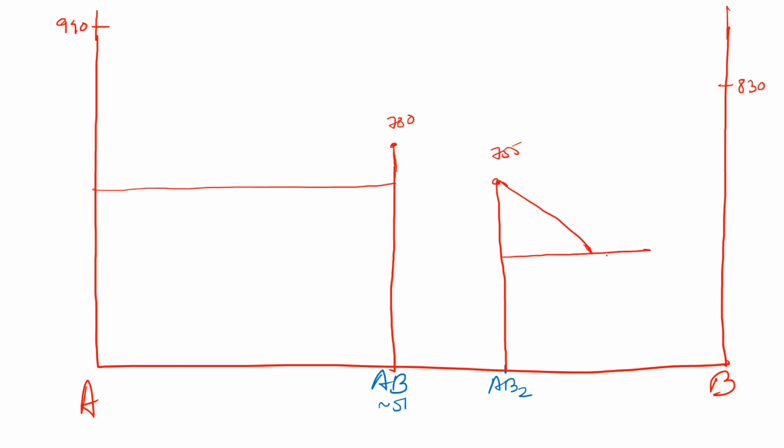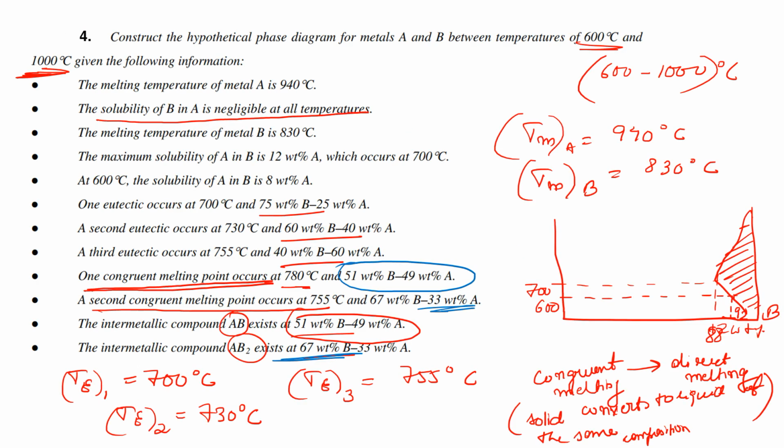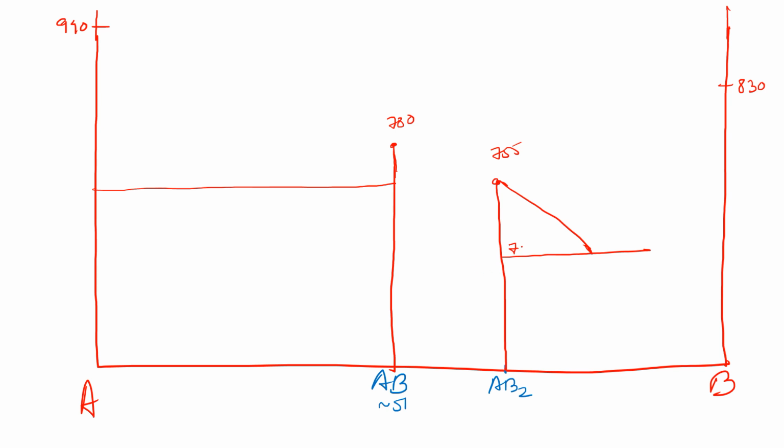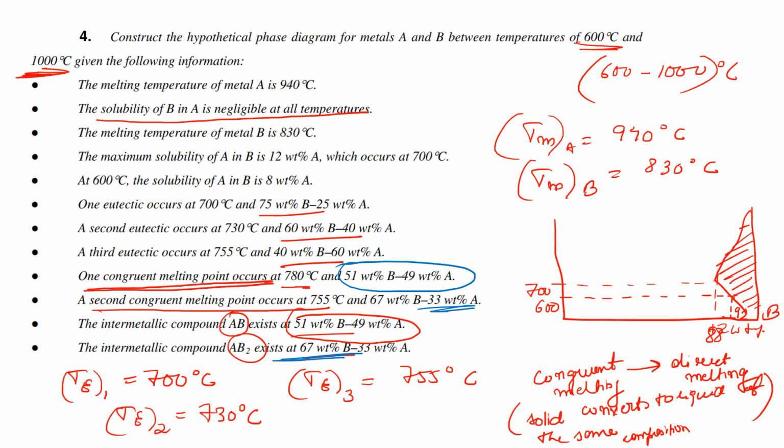So this is the eutectic at about 700 degrees centigrade, and the third eutectic is 755 degrees, right?